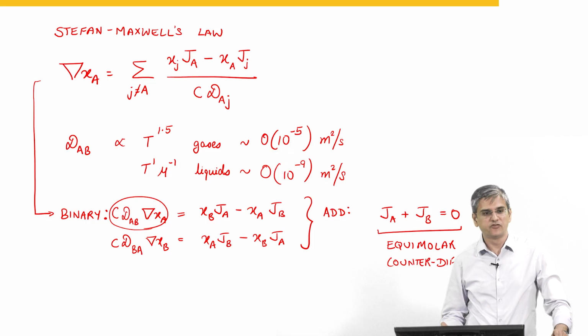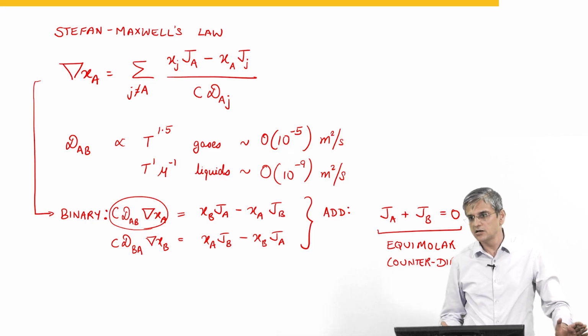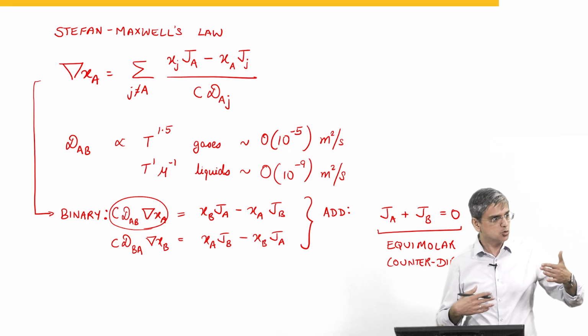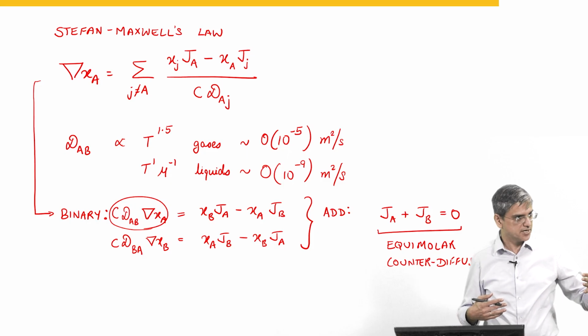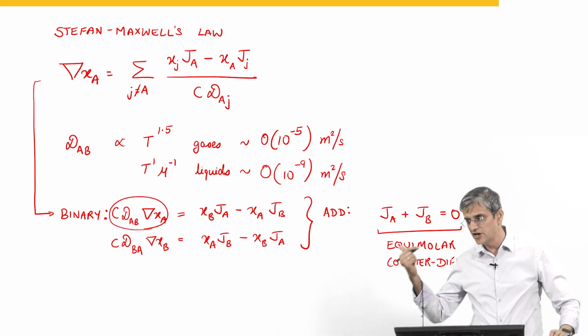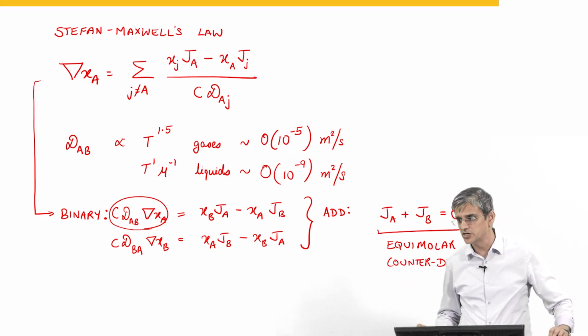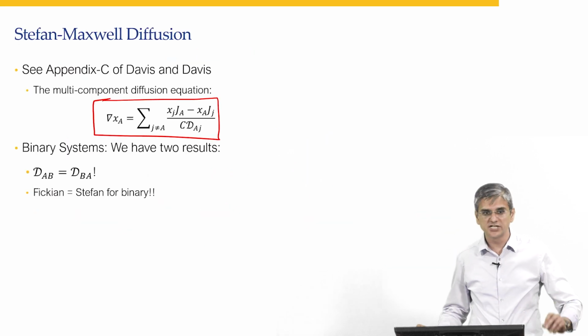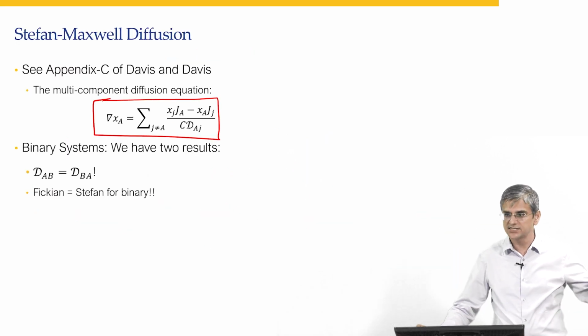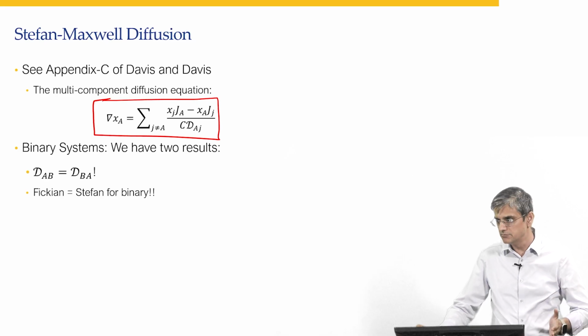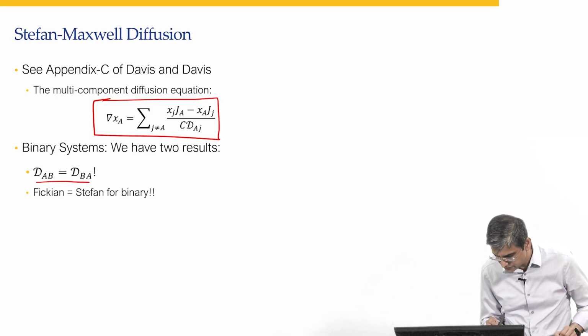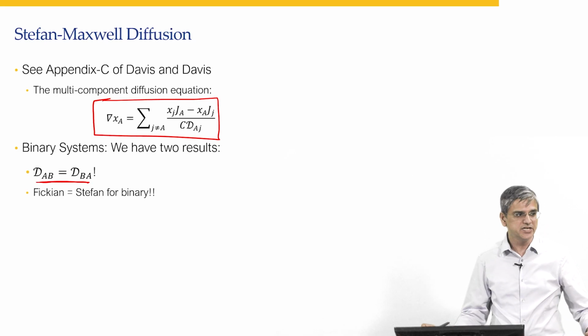Because of the binary assumption, because we have only considered the binary case, adding the two Stefan-Maxwell expressions up, we have obtained the equimolar counter diffusion. Using the idea that XA equal to 1 minus XB, we can derive DAB equal to DBA.